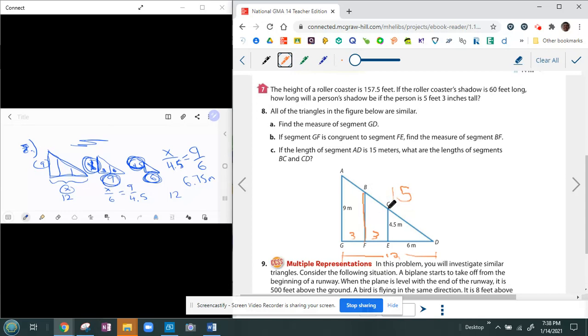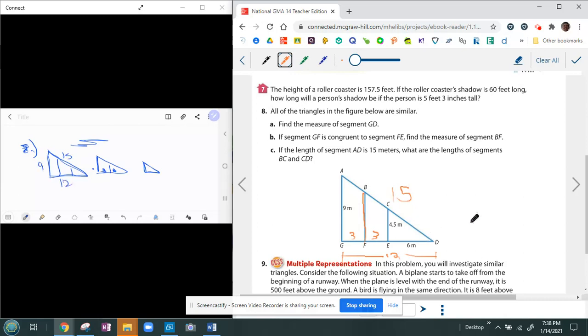I'm going to have to find, let me erase some of these. A couple ways you can do it. All right, so we now know that this is 15, 9, and 12.